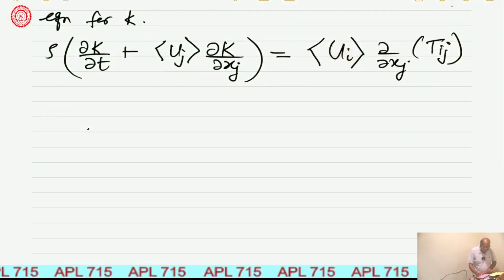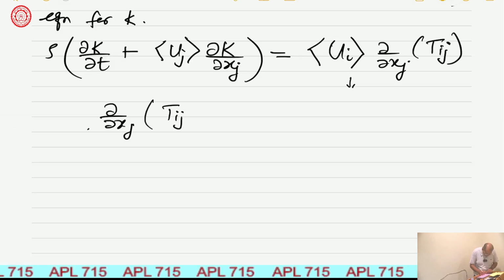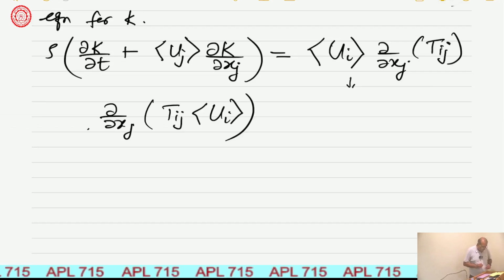Now this term which we have, I write now d by dxj of Tij times mean of ui, which can be written as, so now I'm trying to just play some games.